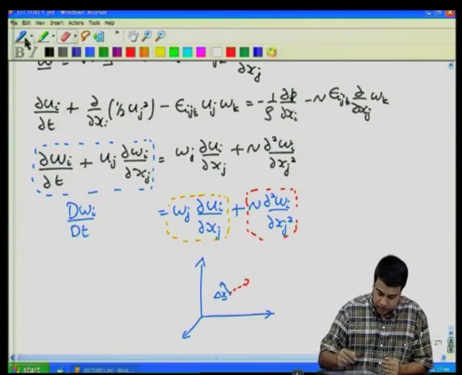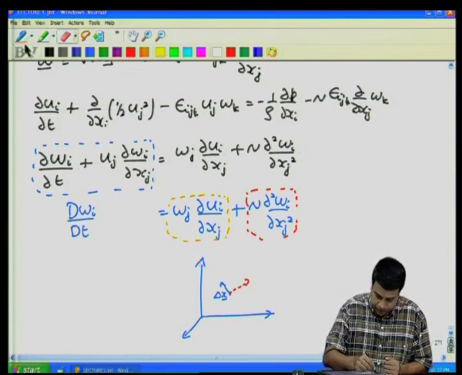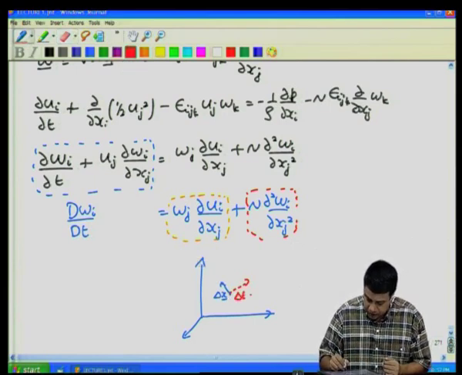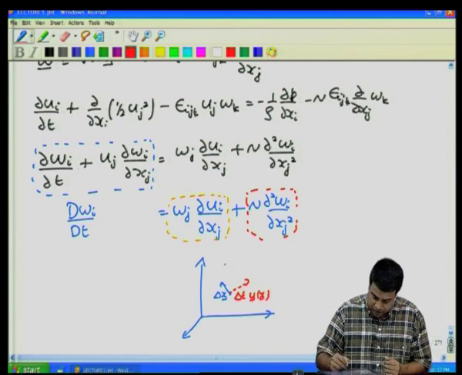So, I can write this as delta t times u of x. This moves some other distance, delta t times u of x plus delta x.